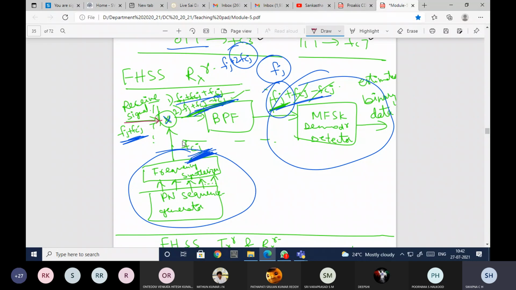So FCJ and this will get added and also subtracted, and those terms will be at the output. Now I need to tune the band pass filter so that I get only the difference frequency at the output.